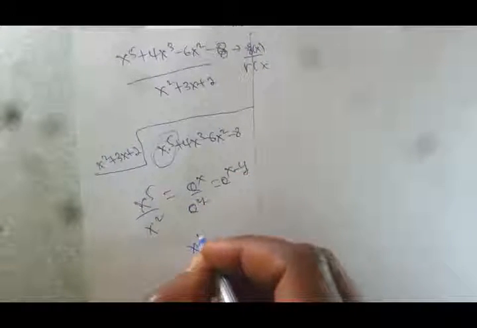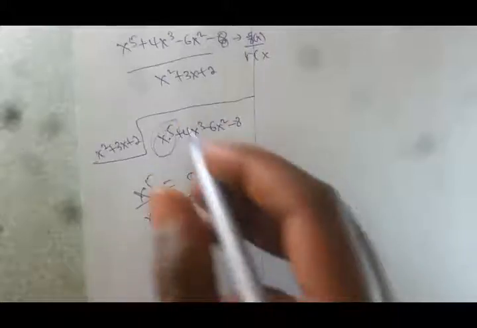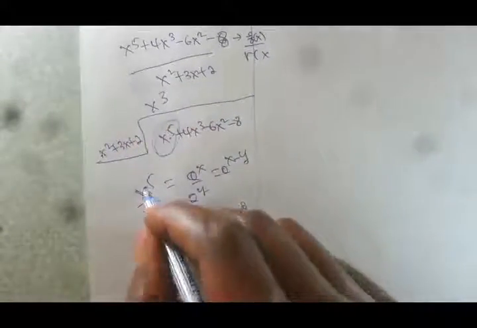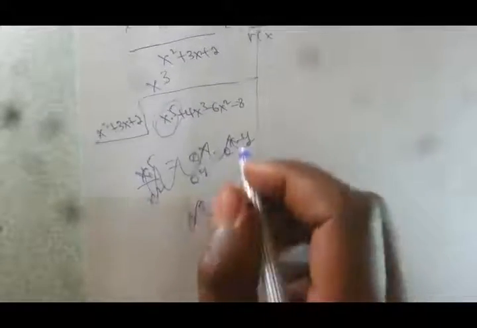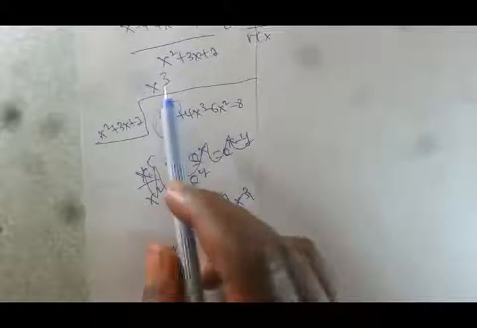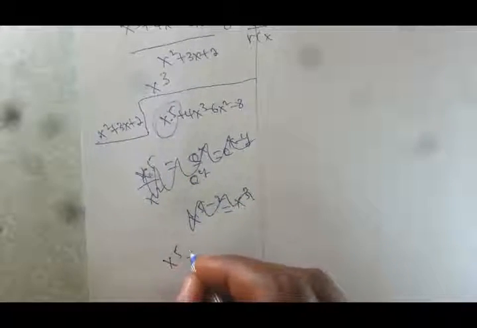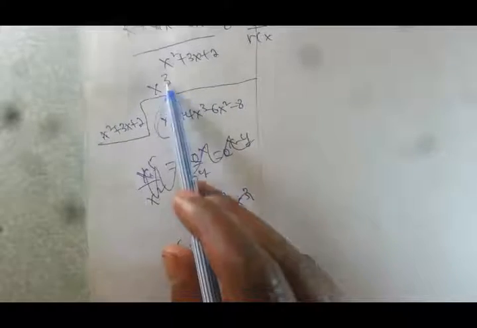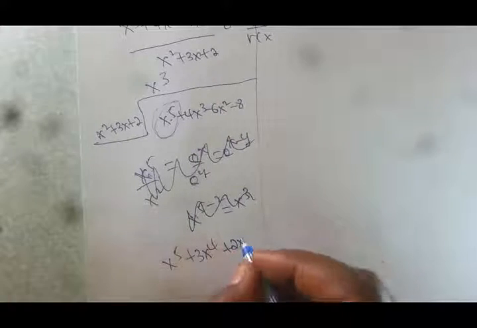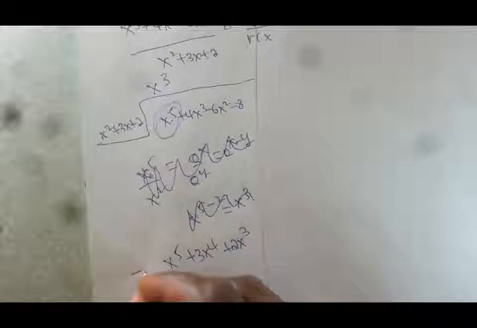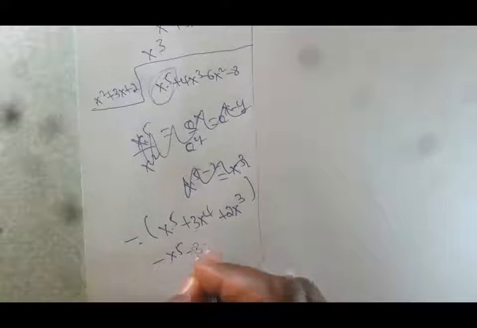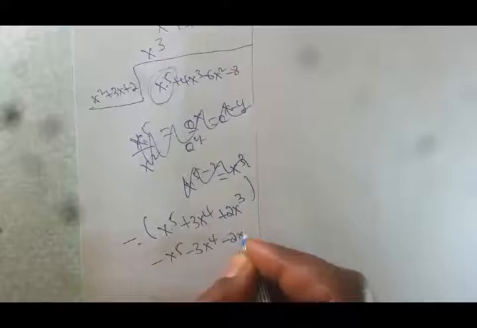Therefore x raised to 5 minus 2 is x cubed. When x cubed is multiplied by x squared, it becomes x raised to 5. When x cubed is multiplied by 3x, it becomes 3x raised to 4. When x cubed is multiplied by 2, we get 2x cubed, and we subtract, so this is negative. Negative times negative gives x raised to 5 plus 3x raised to 4 plus 2x cubed.